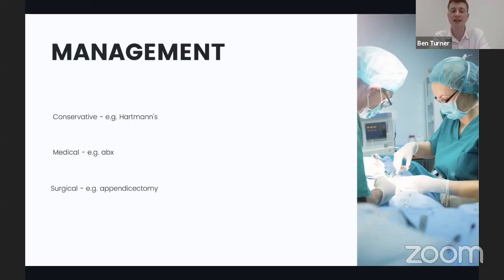They're going to need maintenance fluid plus a bit of extra replacement. So prescribing something like Hartmann's is brilliant for that. Medical things are going to be your sepsis 6, making sure your patient's got oxygen, making sure they've got antibiotics, etc., and doing all of that within the first hour. And then your surgical stuff is going to be your big things like your appendicectomy.